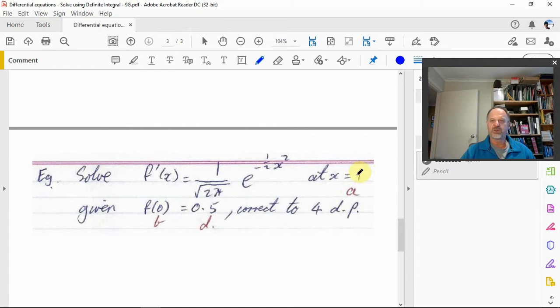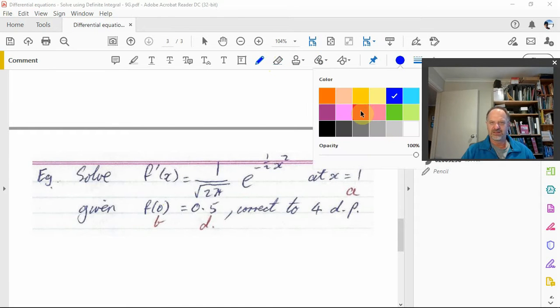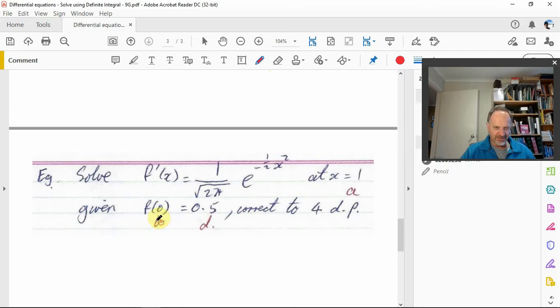Now, I've actually got this labelled incorrectly because our original spot that we are looking at is our A, so I've got that labelled incorrectly.